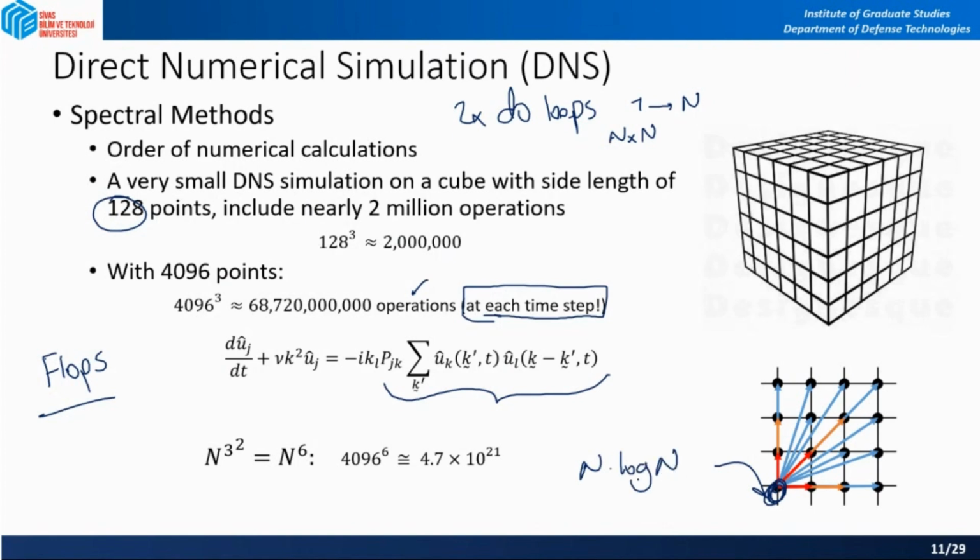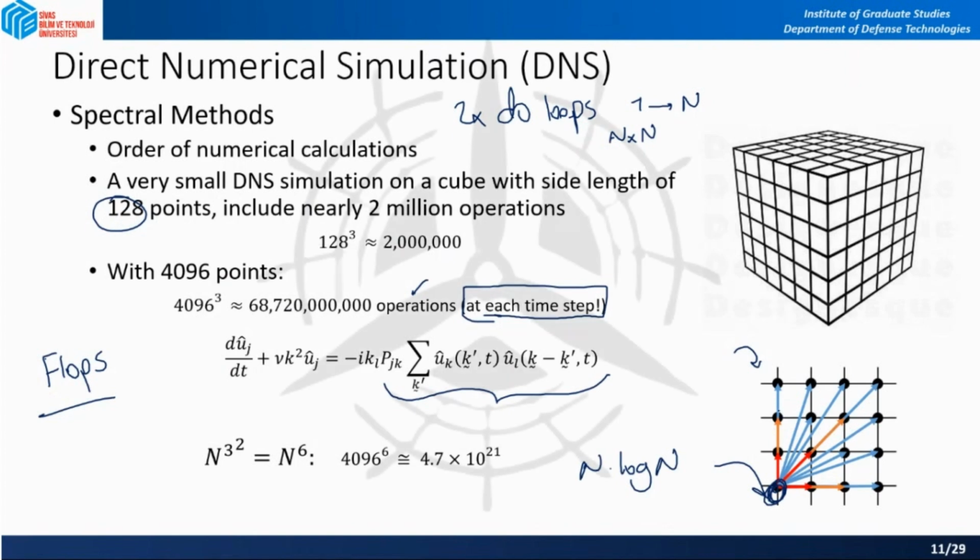So a summation over all discrete values that fall inside the domain will be required. If we are talking about a very simple grid, like the grid that you're seeing here, if you want to find the value at point 0, you have to relate all other points inside this domain to point 0, one by one.